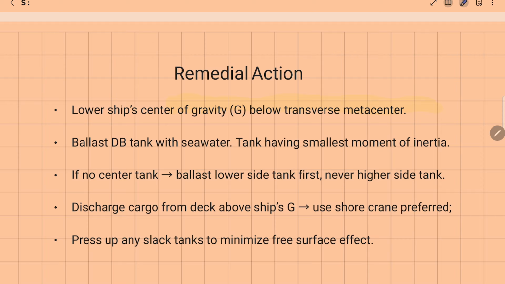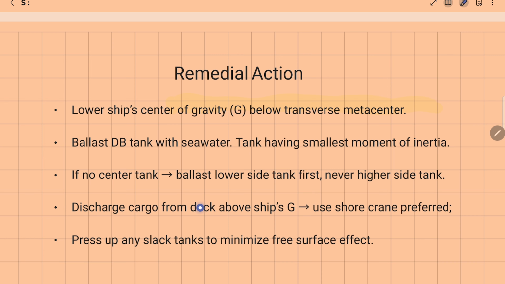Because as you know, if you use a ship's crane or ship's derrick, as soon as you lift the cargo, the center of gravity of the weight of the cargo will shift to the derrick head, and that will again cause negative GM to increase. So that will be disastrous. So better use the shore crane to remove the cargo from deck.